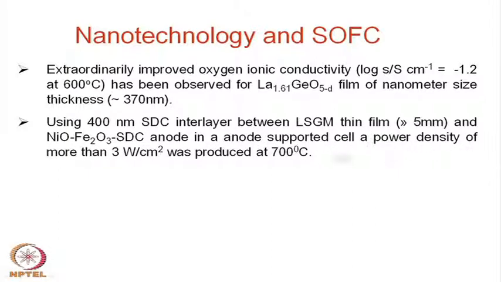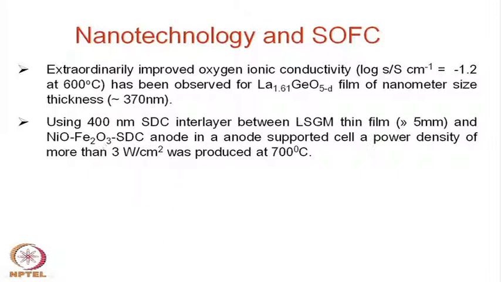Okay. This is the electrolyte and this is the anode supported. The power density of the order of 3 watt per centimeter square has been produced at 700 degree centigrade. So, this is an interlayer, of course, it is not used as an electrolyte, but it is an interlayer, and by using the concept of nanometer size particles or nanometer size films, one can get a power density of 3 watt per centimeter square.